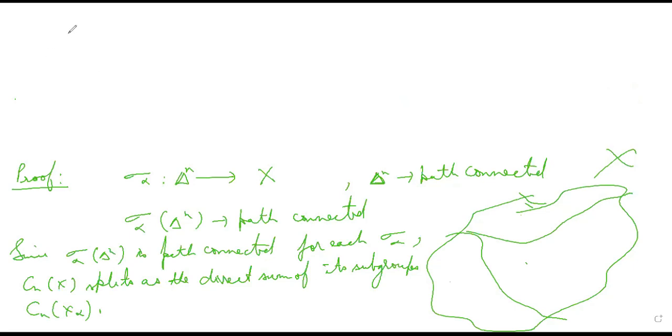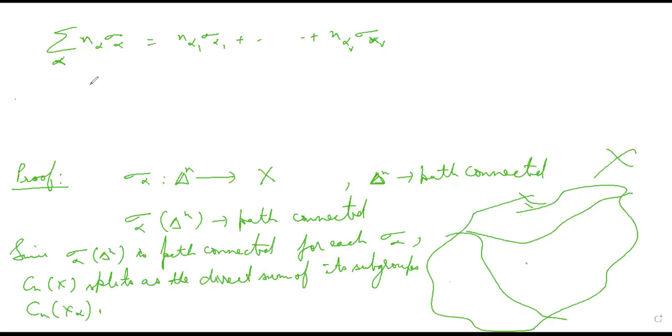What is an element of CnX? Elements of CnX are of the form sum of n alpha sigma alpha. This is a finite formal sum. So basically this will be of the form n alpha 1 sigma alpha 1 plus n alpha r sigma alpha r, something like this.